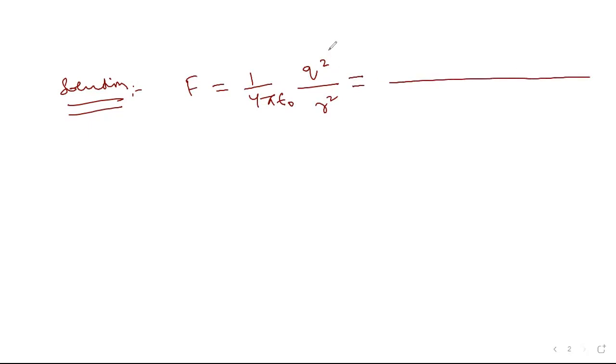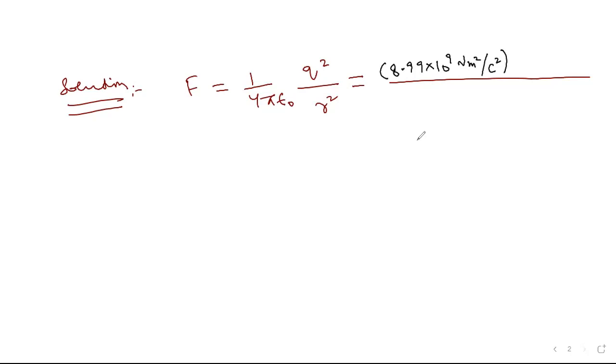So from Coulomb's law, we can find the magnitude of force. F is 1 over 4 pi epsilon naught. We are assuming the charges are placed in vacuum. Q square by R square, because both charges are equal, Q1, Q2 is Q. So let us put the values. First I have 8.99 into 10 raised power 9 Newton meter square per coulomb square.